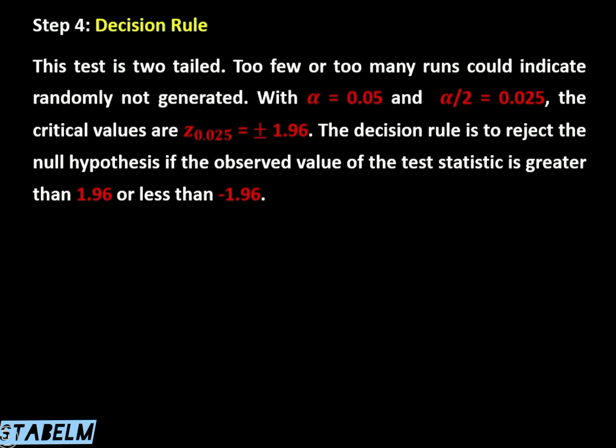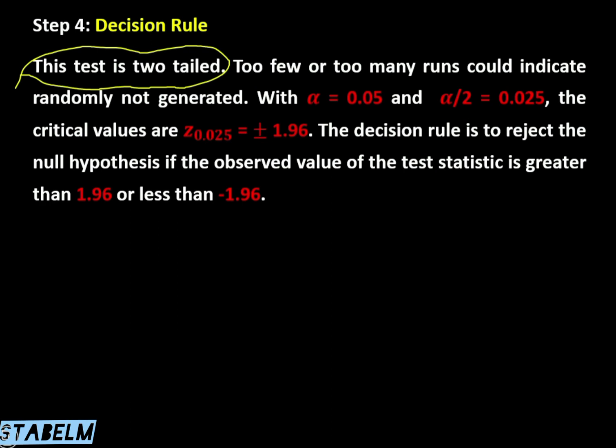What we're saying now is that the test is two-tailed. You should take note of this: we are running a two-tailed test. Now, too few or too many runs could indicate the sample was not randomly generated. What do we mean by too many or too few?